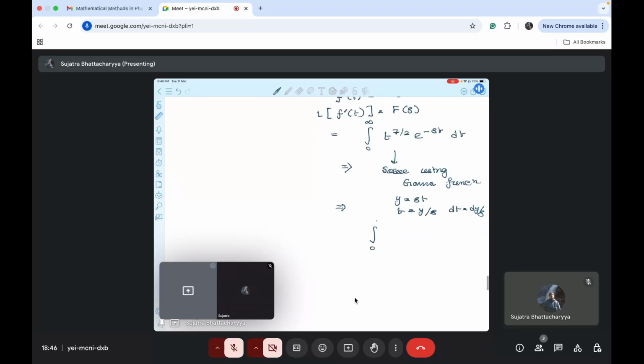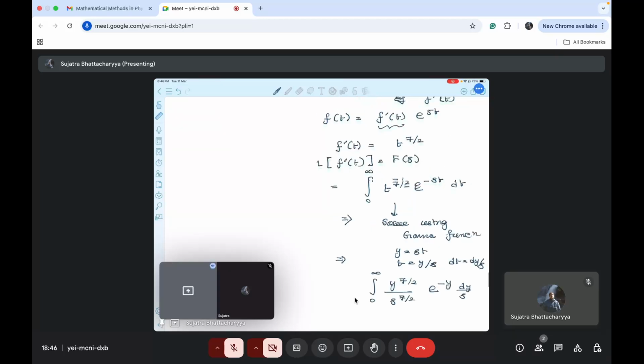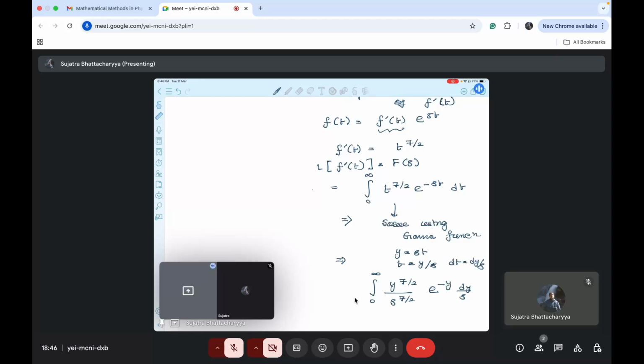So 0 to infinity, the limits are not changing. Y to the power 7 by 2 divided by s to the power 7 by 2. Okay, and what else? You have e to the power minus y dy by s. So why are we doing this whole process?